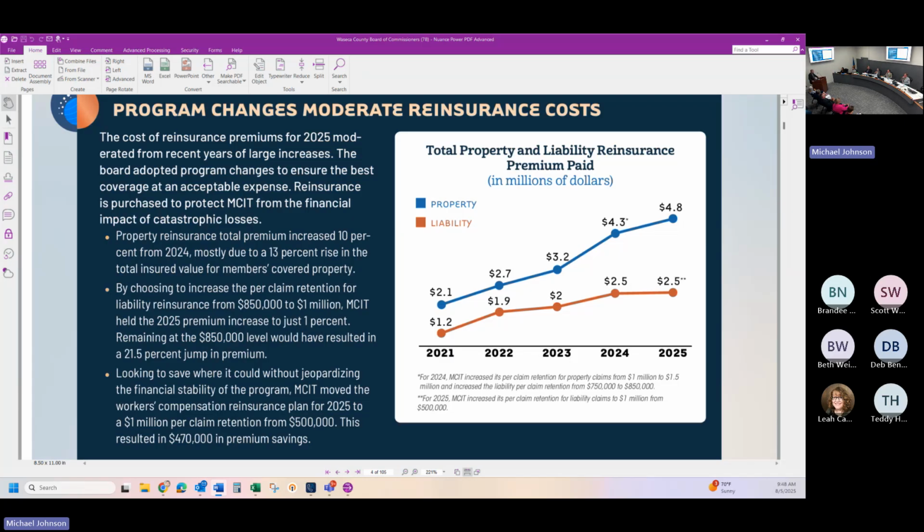But that reinsurance comes with significant costs, and you'll see, and I think it's this chart you're looking at here, what's happening with our reinsurance trends over the last 5 years. That blue line on the top is what's happening with our property reinsurance, and you can see that line is increasing at a pretty steady rate.